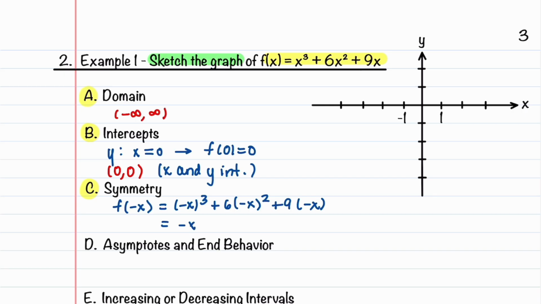This is minus x cubed plus 6x squared minus 9x. If we compare this to our original function, it is not the same, and it's not the negative of that function. So that means that we don't have any symmetry. So let's just say this is not equal to f of x or minus f of x. And for our symmetry, we'll put none.